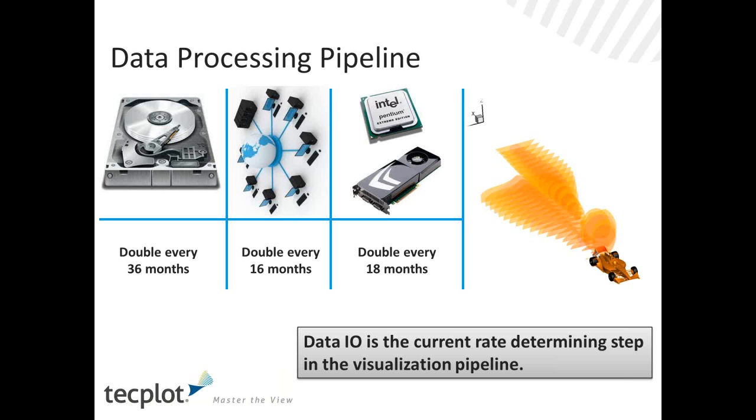And certainly we've done some internal testing, and even on my machine, we do some benchmarking and profiling. For most of the data that I'm looking at, data I/O, even on my local machine, tends to be the bottleneck. We've done this. You can see here that the network bandwidth is doubling every 16 months, 18 months, something like that.